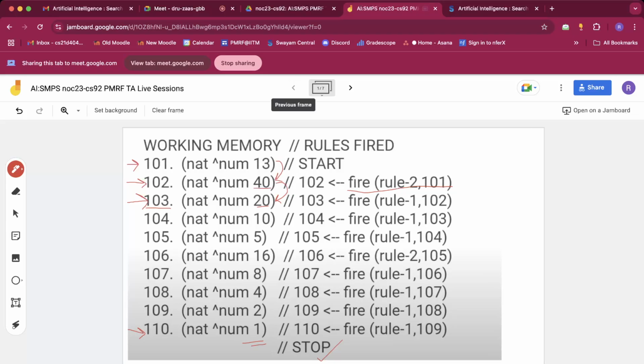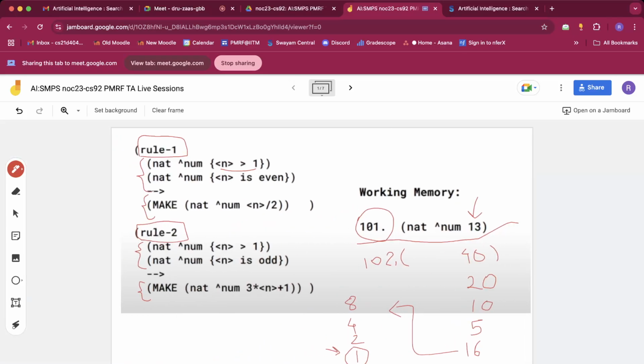So essentially what we're trying to do is we are given a working memory. We are given a fact or an element in the working memory, and we have two rules that can be applicable. Each rule has a name, has some preconditions, and if those preconditions are satisfied, the rule tells us that we will add certain facts to our working memory.